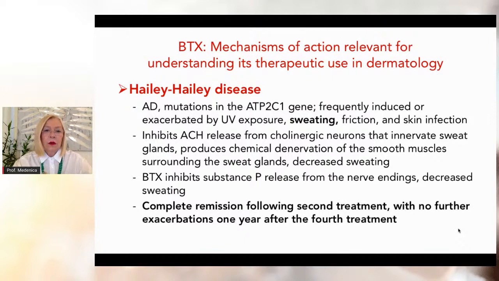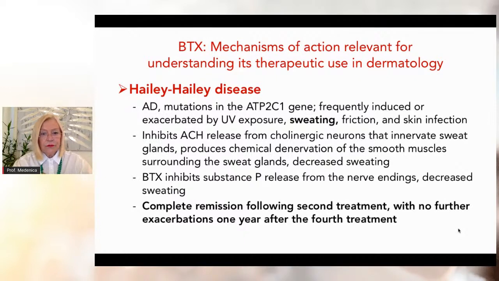Inhibiting acetylcholine release from cholinergic neurons that innervate sweat glands produces chemical degeneration of the smooth muscle surrounding the sweat glands and decreases sweating when we introduce botulinum toxin intradermally. Also, it can inhibit substance P release from the nerve endings and also decrease sweating.